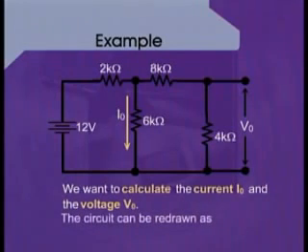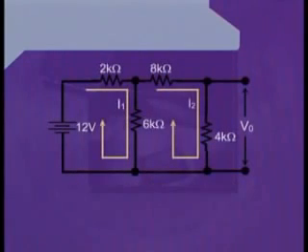We can redraw the circuit. When we redraw the circuit, first of all, the standard practice is that we assume the unknown current quantities which are flowing through each of the loops.